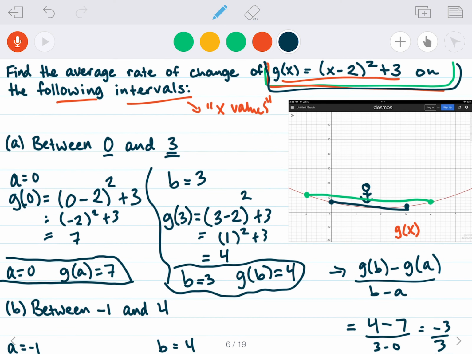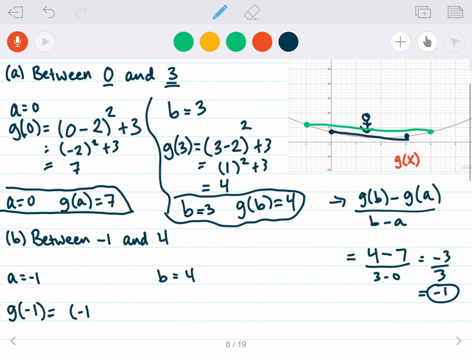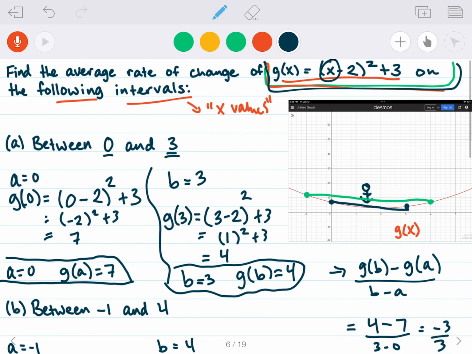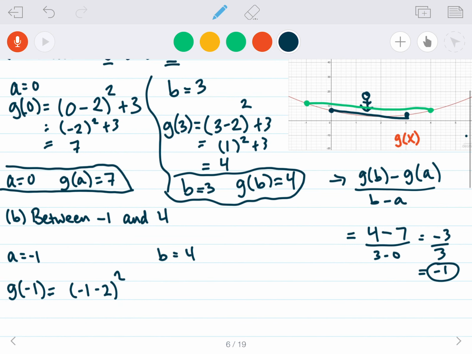G of negative 1 equals negative 1 minus 2 squared. I'm just plugging in negative 1 in for my input. And then plus 3. So negative 1 minus 2, we have negative 3 squared plus 3, which is going to give us 12.